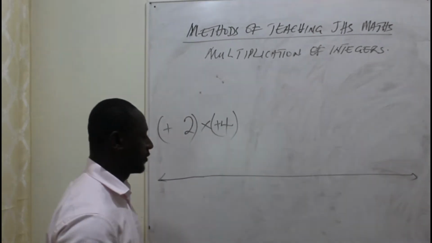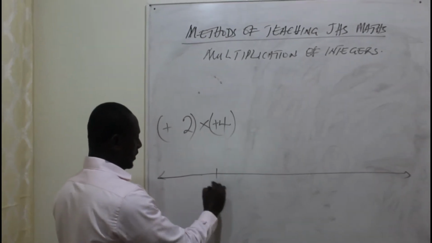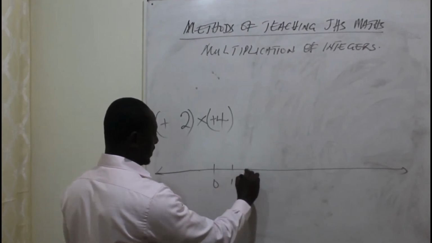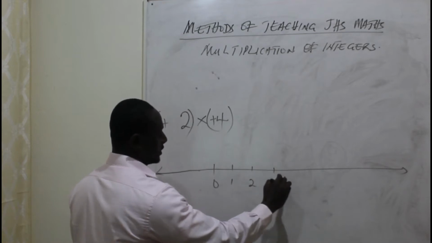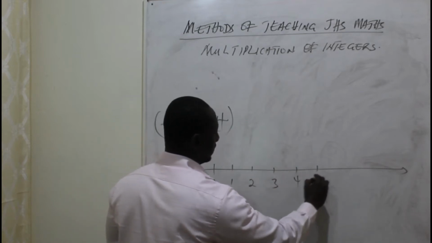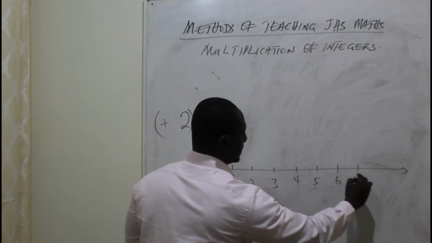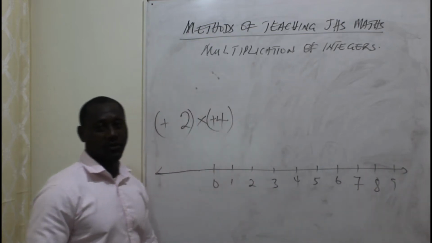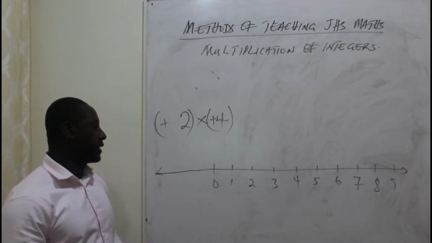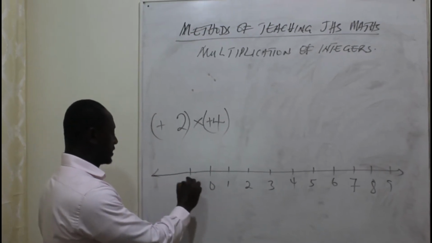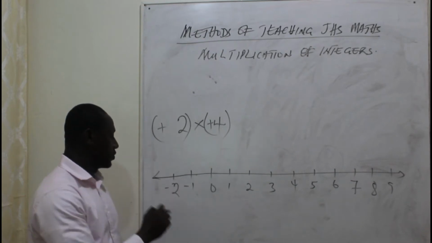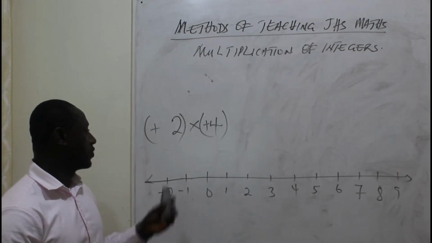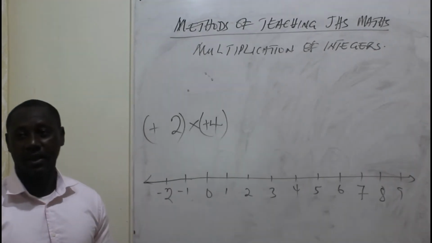You have a number line drawn, you have a 0 there, then equally spaced intervals 1, 2, 3, 4, 5, 6, 7, 8, 9, and so forth. So how are we going to guide our children to demonstrate to us that 2 times 4 is equal to a certain number?